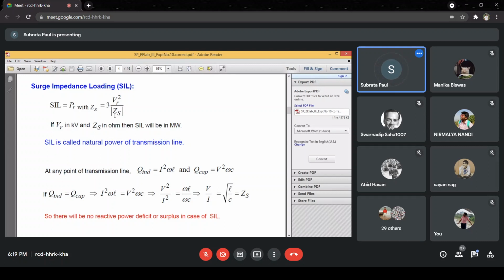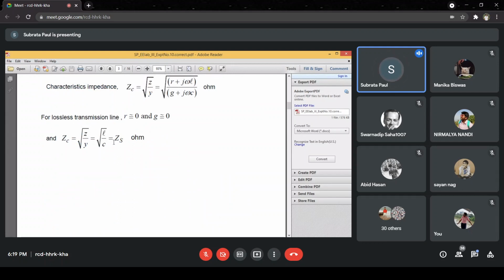Though the magnitude symbol is not required, if you see ZS is root over L by C, that means no complex part. So ZS itself is a resistive quantity.